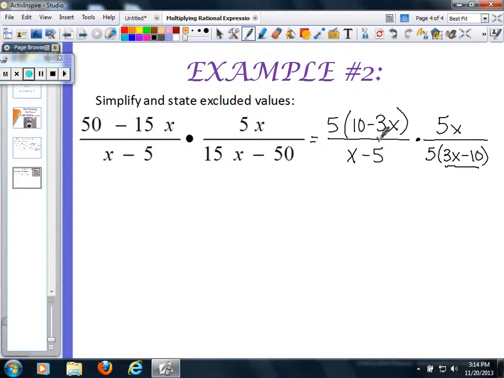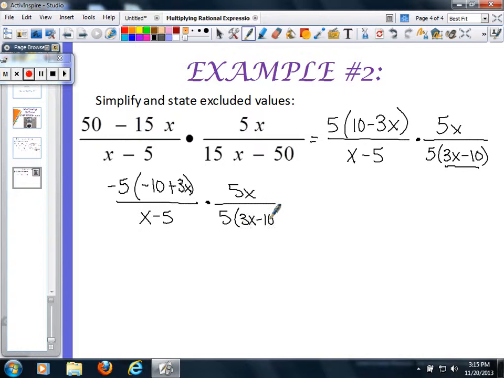So remember, anytime you want to change the sign of something, you always factor out a -1. So I'm going to pull a negative 1 out of this as well. So this is going to be negative 1 times 5, which is negative 5. This would give me negative 10 plus 3x over x minus 5 times 5x over 5 times 3x minus 10.